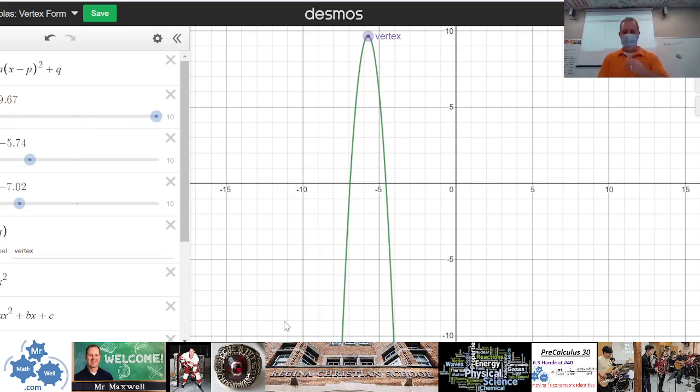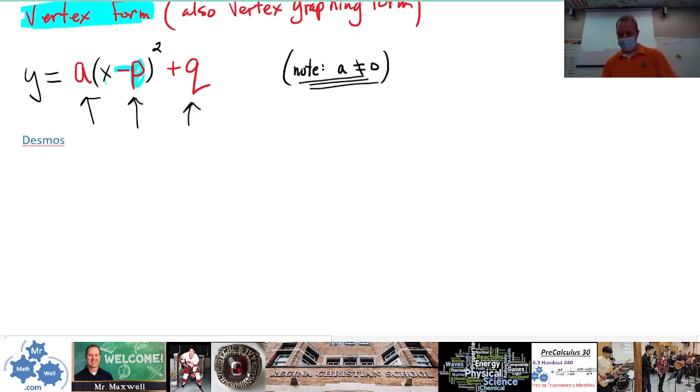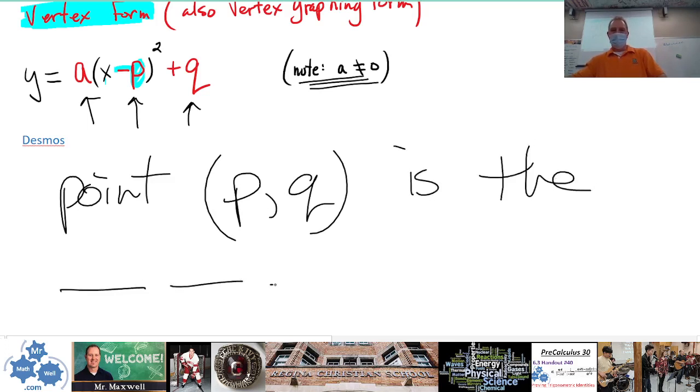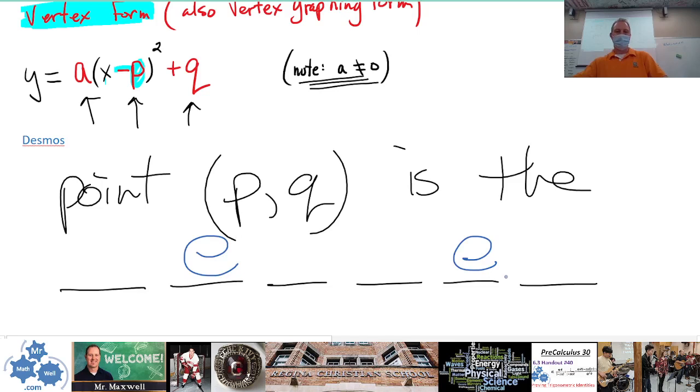Okay. Finally, the point p, comma q is the dun da da da. Here's a hint. It has 6 letters. Vertex. What was the guess? Vertex? Sorry, guess again.